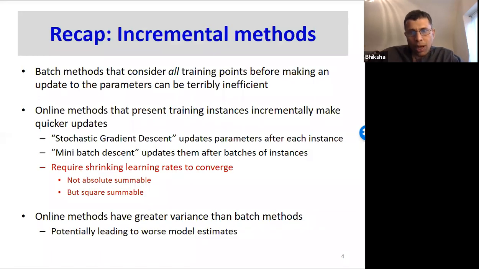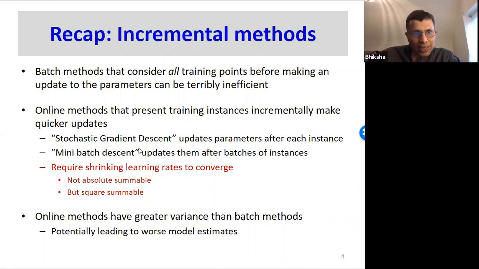Now, the last thing we saw was that the basic gradient descent formalism requires you to compute the average gradient over the entire training data before making a single update to your parameters. And this would require processing the entire data for each update and can be terribly inefficient. And so we use online methods instead that incrementally update the model using subsets of the training data.